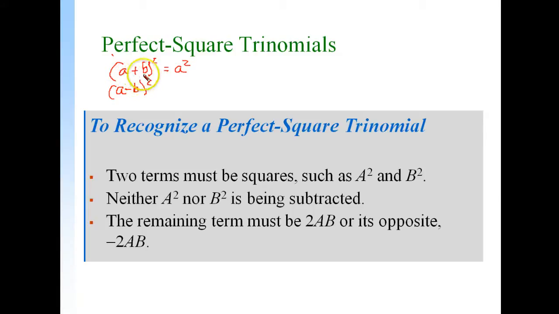So that would be a positive AB, and then by 2 became a positive 2AB, and then squaring the B term.